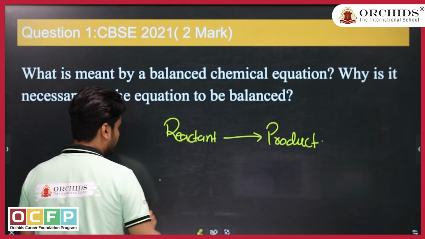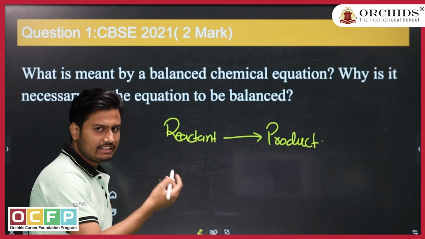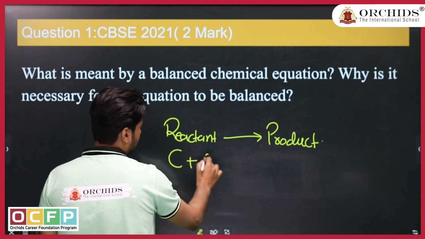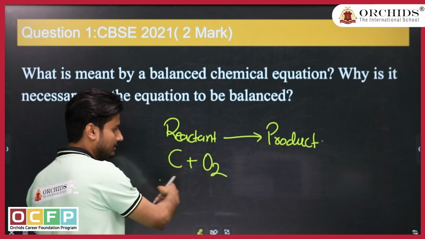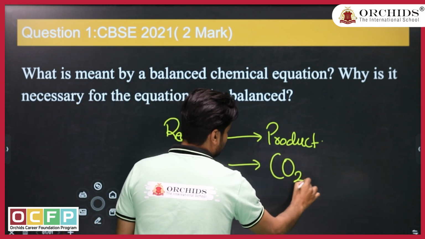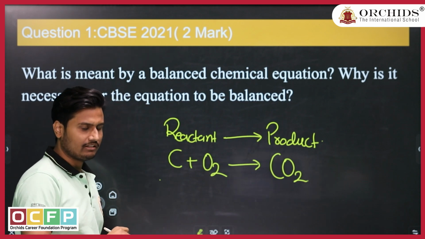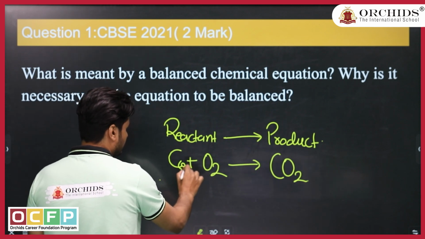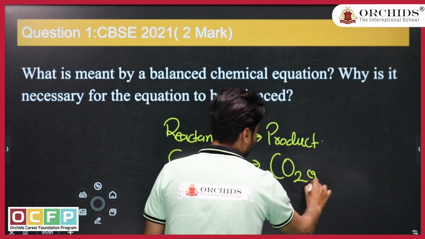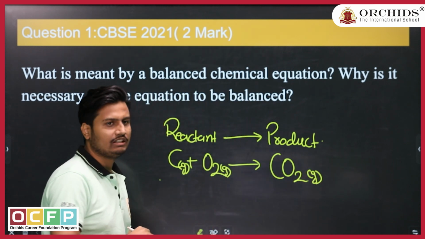For example, suppose we take the reaction C plus O2, carbon plus oxygen, it will make CO2, carbon dioxide. The physical state of carbon and oxygen are both gas, and CO2 is also a gas.